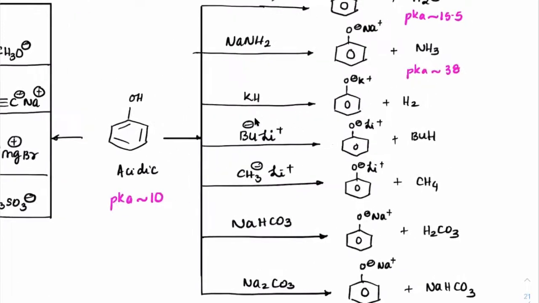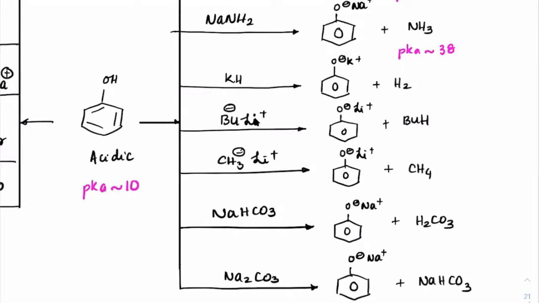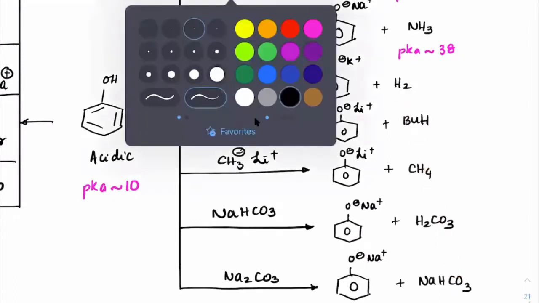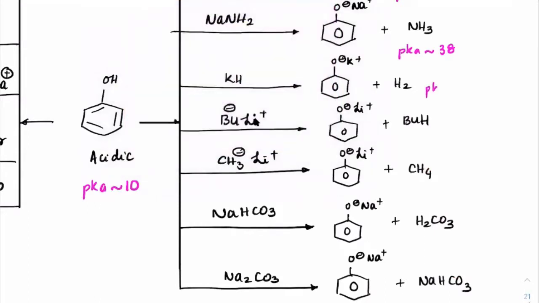Right. Now let us see which of these reactions are actually feasible depending upon the pK value of the product. The pK value for H2 is also around 38. Alkanes, this is butane. Butane would be around 50, in fact more than 50. The pK value of methane is around 48.